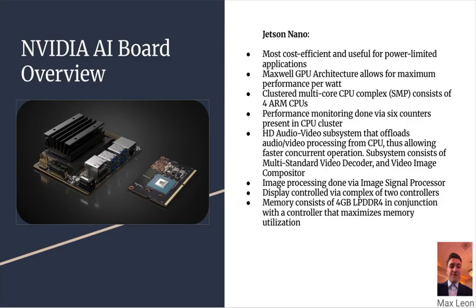The image processing is done via the image signal processor, which is very important because it enhances any quality that you might need before using AI inference. And it doesn't use GPU or CPU resources as well.